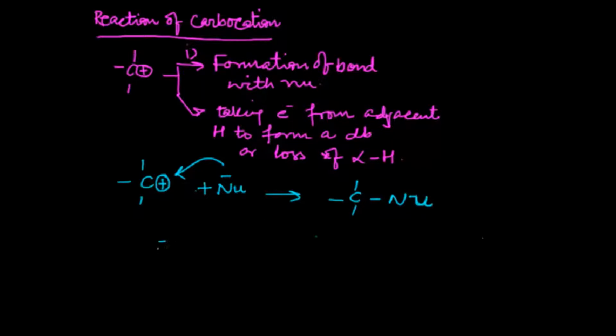Or the other way around, if we have this C positive and another carbon with hydrogen on it, this donates its electron to the carbon, minus H plus, and thus it forms a C double bond C, like this one.